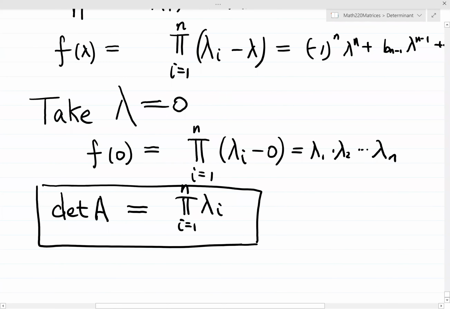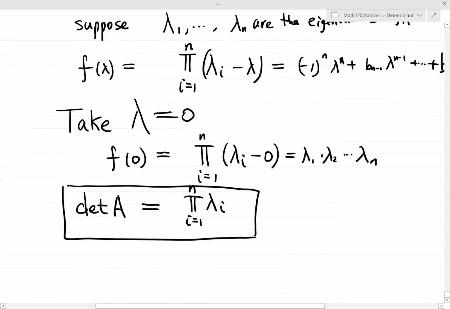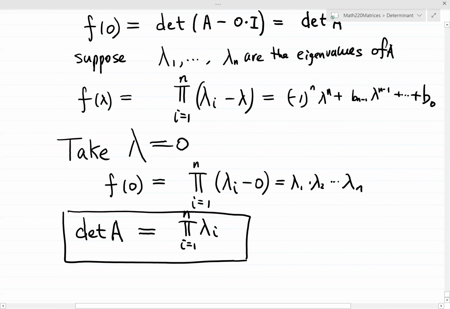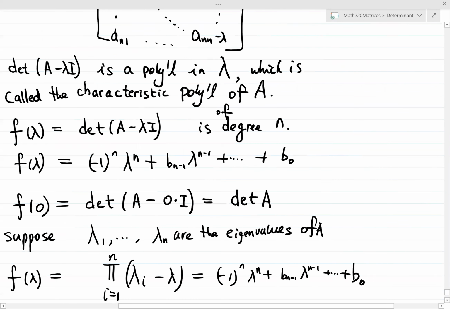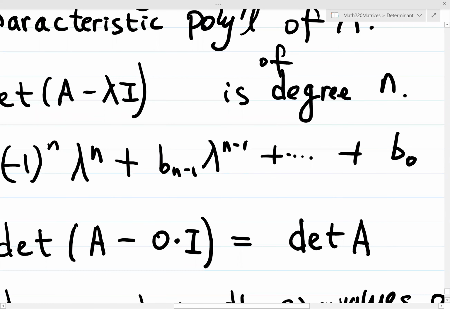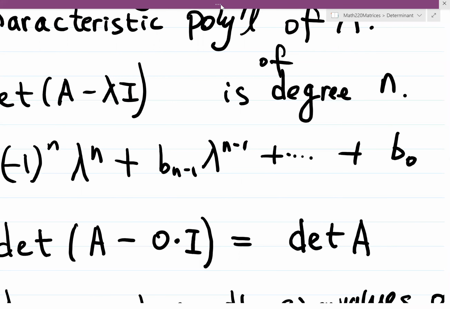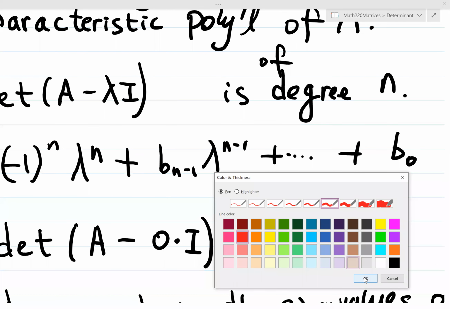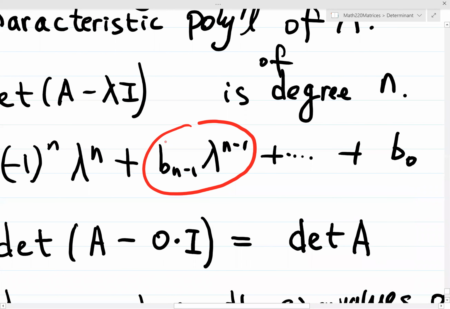Now, the highest coefficient is (-1) to the power n. That's not interesting. Then the next leading coefficient, of degree n minus 1. Let me label that term in red, the term b(n-1).